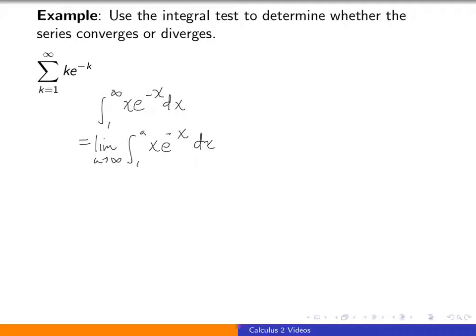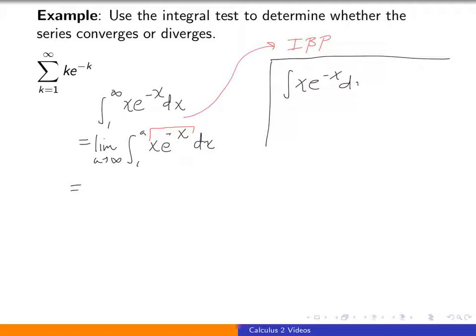And in order to evaluate this integral, I'm just going to remind you that when we see this form x e to the minus x, this is something that would imply an integration by parts, a polynomial multiplied by an exponential. So to the side, I'm going to simply evaluate the associated indefinite integral. So if we had x e to the minus x, we would let u be equal to x and dv be e to the minus x. So v would be minus e to the minus x, and du is dx.